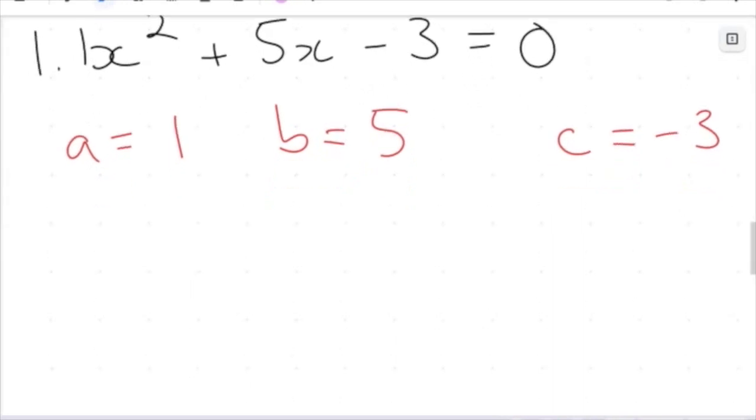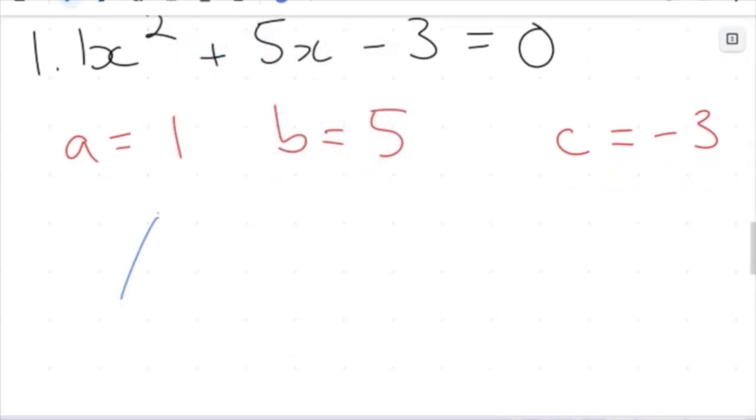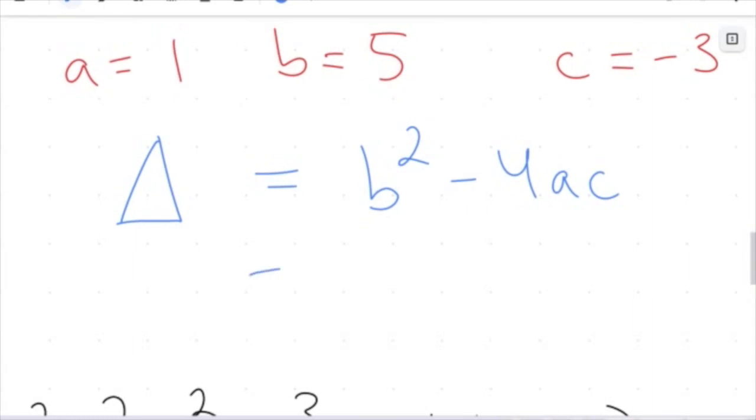Now, we're going to substitute this into the formula for the discriminant. That's going to be that our discriminant, this triangle thing here, equals b squared minus 4 times a times c. And substituting these numbers in, we get 5 squared minus 4 times 1 times -3.